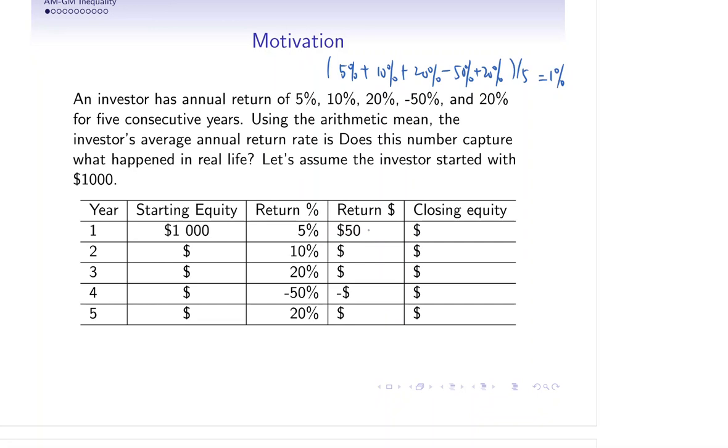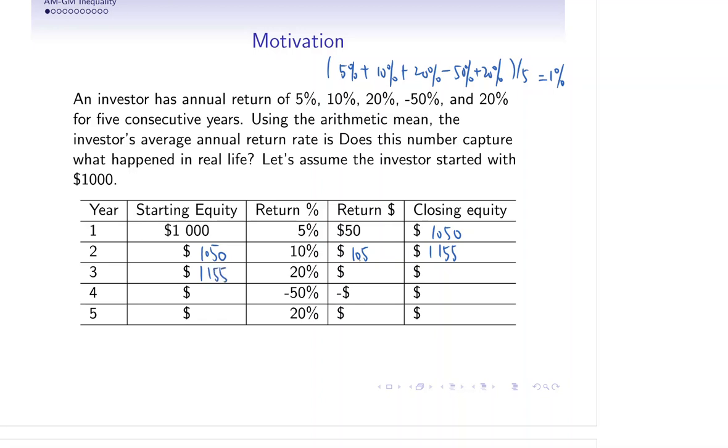So the closing equity at the end of year 1 is going to be $1,050, which means in the second year, this investor is going to start with $1,050 with a return rate of 10%. The amount of return now becomes $105. So by the end of year 2, the investor will end up with $1,155, which will become the starting amount for year 3.